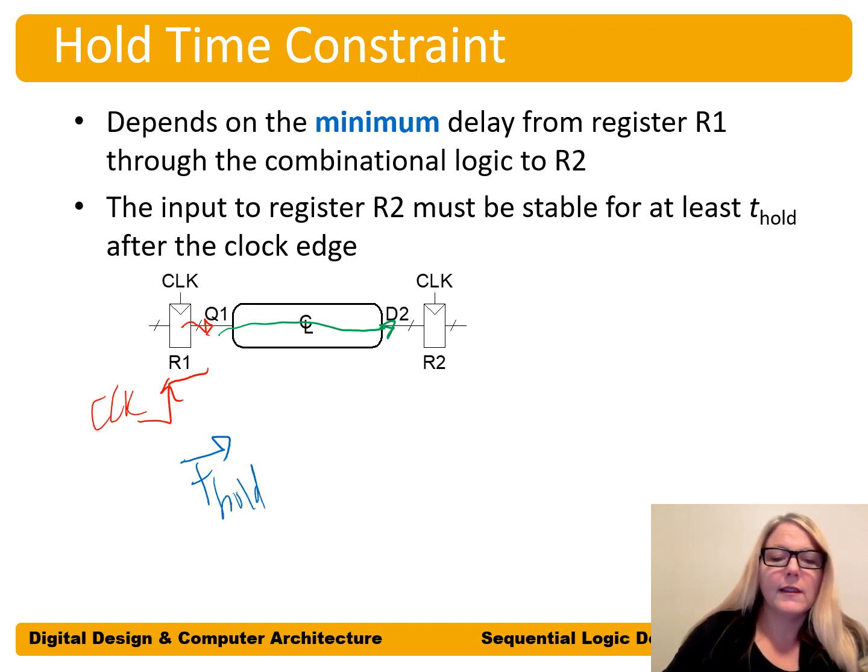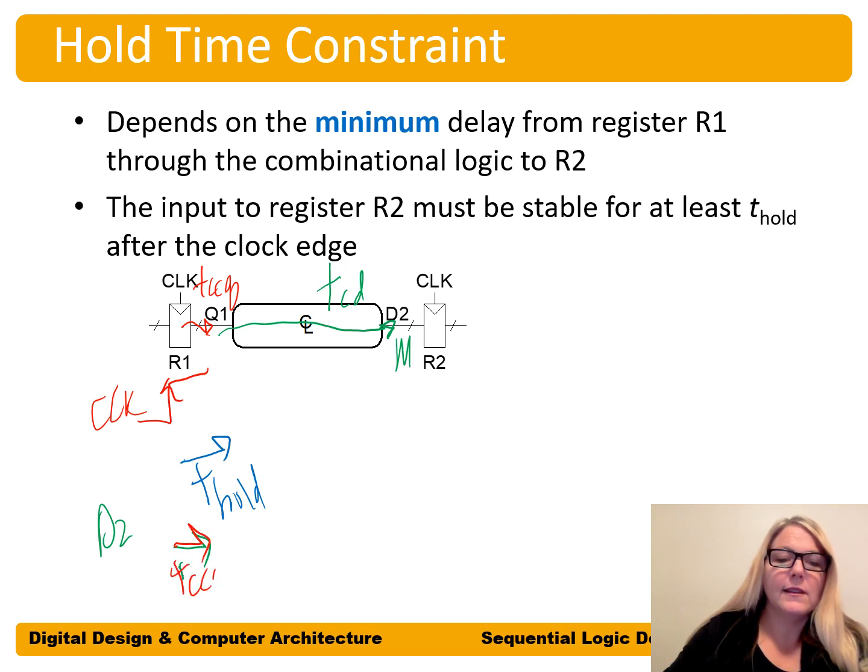And so we would need to figure out, well, what's the fastest it's going to get through the circuit? Well, this is TCCQ, the earliest it would get out of register 1, plus TCD, the contamination delay, or the short path through the combinational logic. And then it could start changing the value at D2. And so if we draw this in terms of our circuit, well, D2 could start to change as early as TCCQ plus TCD through our combinational logic.